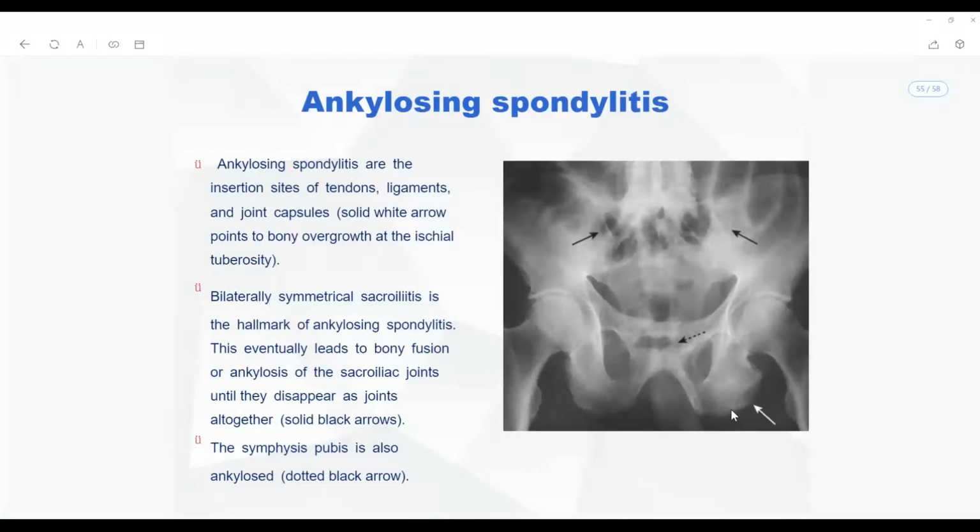And at the same time, you see there is a disappearance of the sacroiliac joints as well. It is completely wiped away. So there is a complete loss of the sacroiliac joint line.